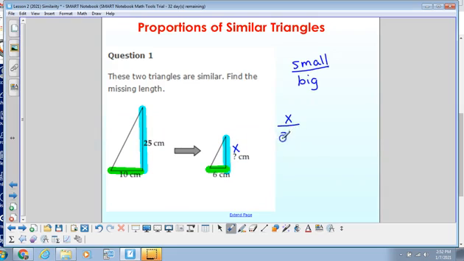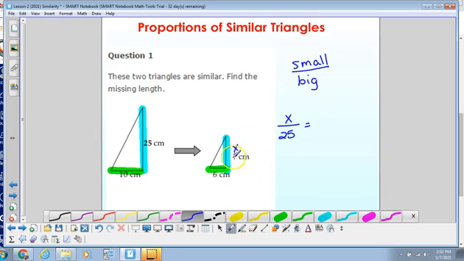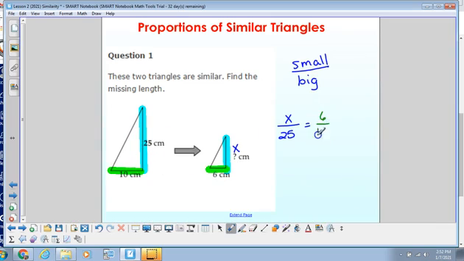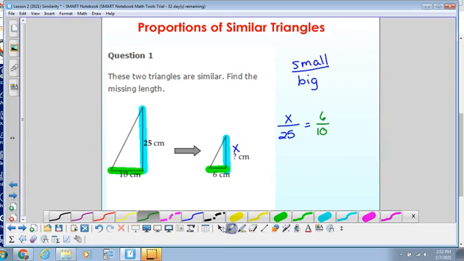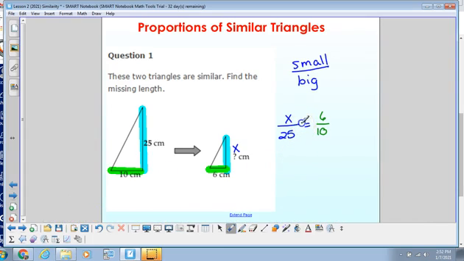X over 25 equals, and since we listed small over big, we need to be consistent with that and do small over big here, which is 6 over 10. Now we just solve that proportion. You can use algebra or you can use decimals. I'm going to do the algebra and multiply these together, and multiply these together, they're equal. So we have 10 times x is equal to 25 times 6.